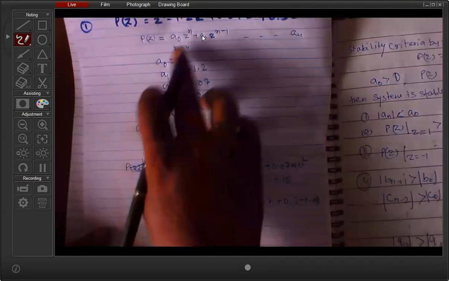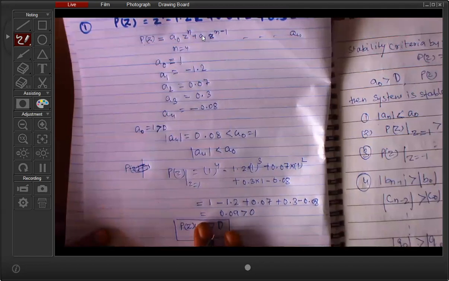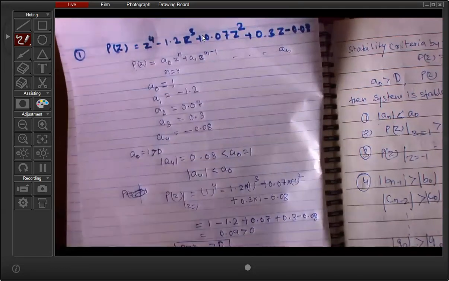Now next, magnitude of P(z) at z equal to minus 1. So what is the value of n? 4. Is 4 odd or even? Even, sir.